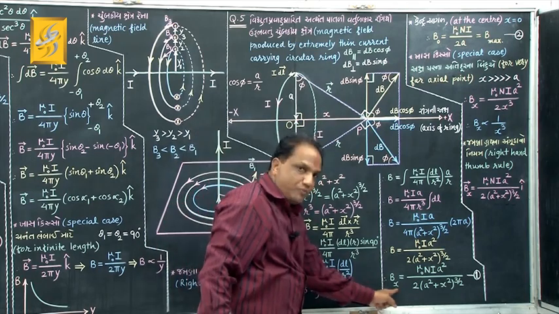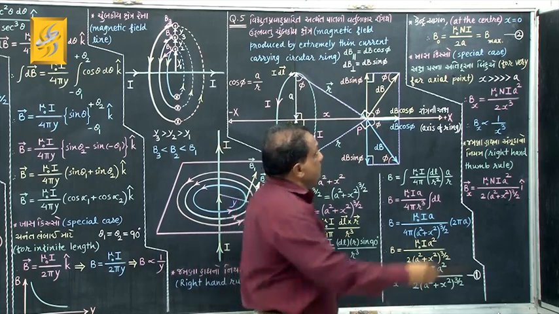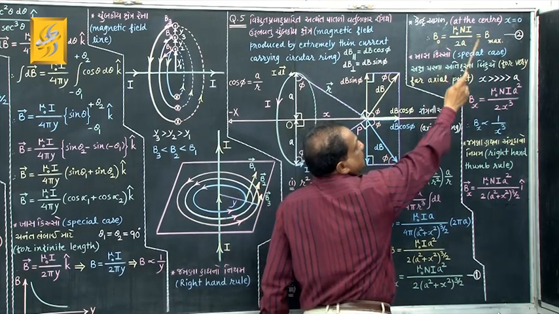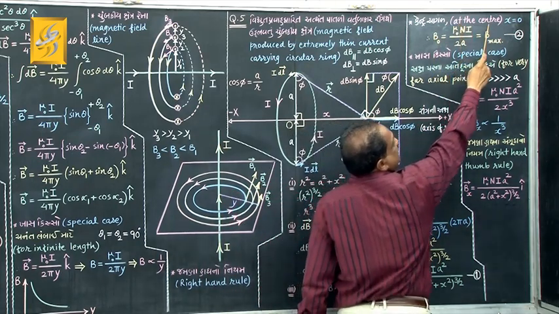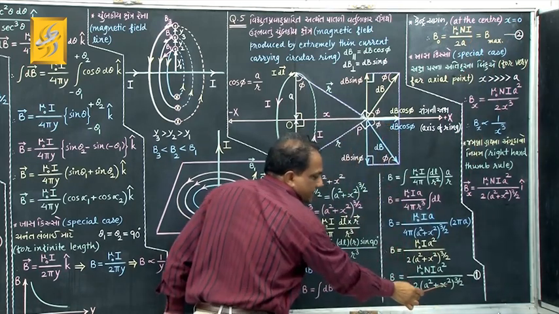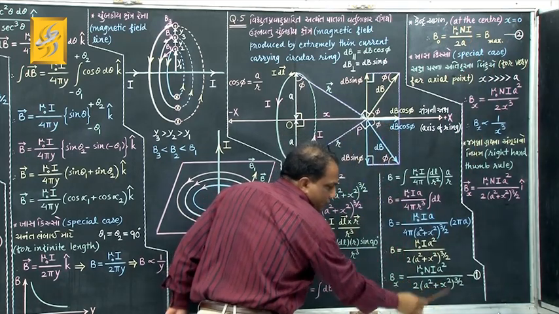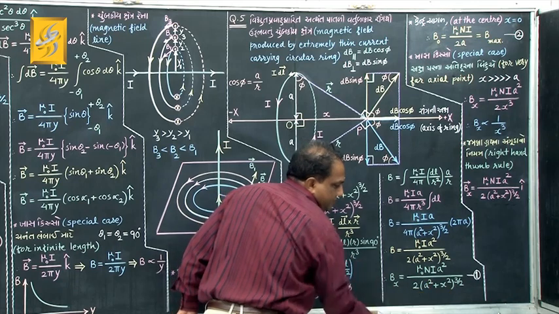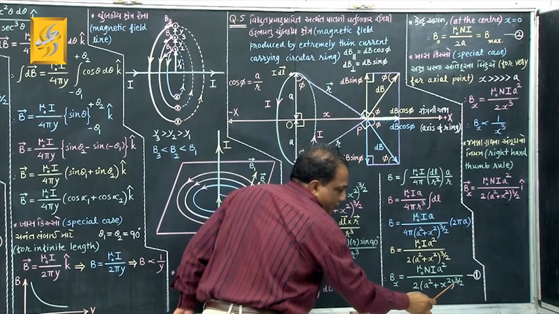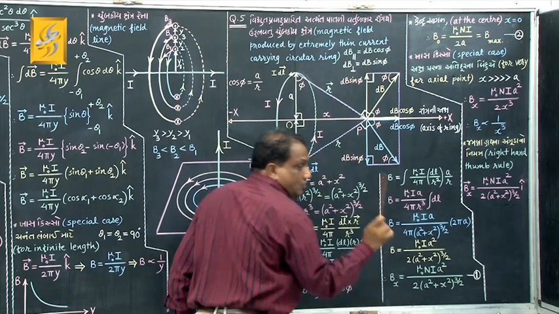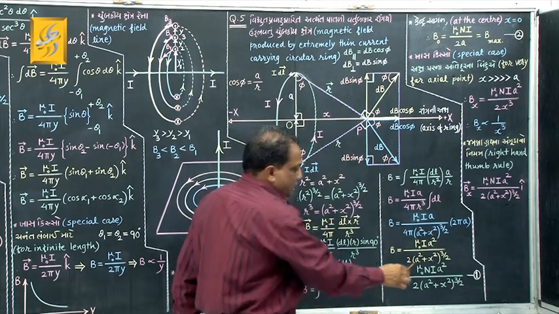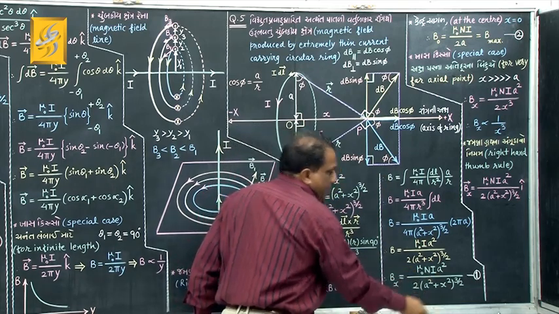When x is 0, you can put the symbol B0. That's why I am putting here B0, correct? Because I am talking about the magnetic field at the center. Come on, at the center x is 0, so this part will be 0, and when you multiply these two powers, 2 will cancel, it is a cube now, a square upon a cube, so left is a in the denominator, so now it is mu 0 N I upon 2a, here it is.